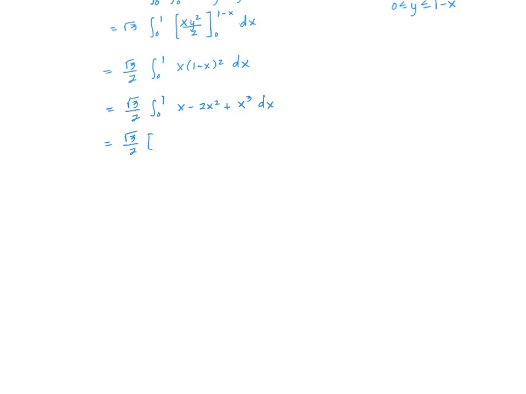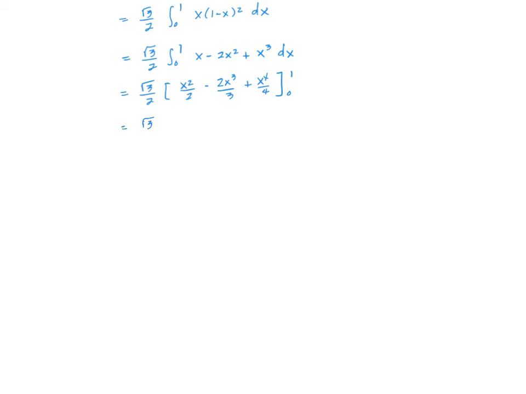Which would be x squared over 2 minus 2x to the third over 3 plus x to the fourth over 4. And although those fractions are hideous, my limits of integration are really nice. It's just 0 to 1.